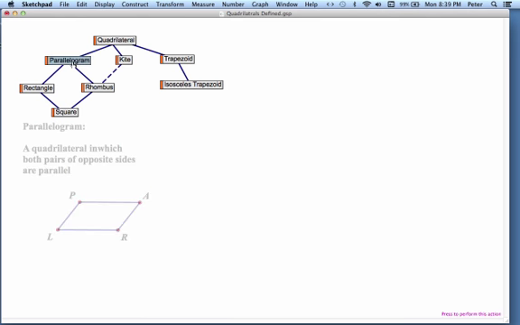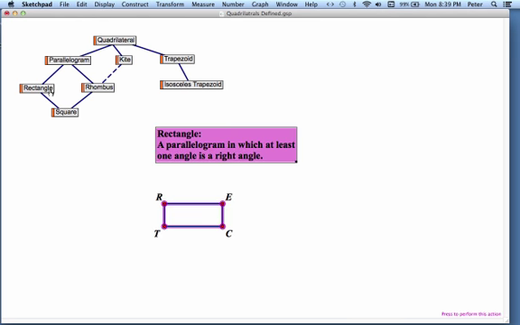Now, there are 3 different kinds of parallelograms. The first is a rectangle, something you're very familiar with, and that's just a parallelogram that has at least one right angle. Now, I'm sure you know that all of the angles of a rectangle are right, but we're trying to memorize this definition so that when we are proving a figure is a rectangle, we don't have to go to more steps than are necessary.